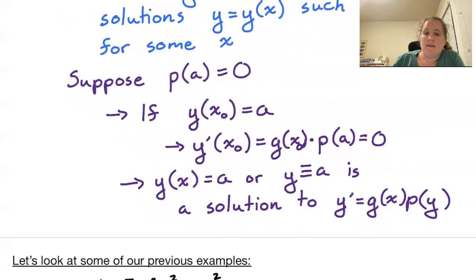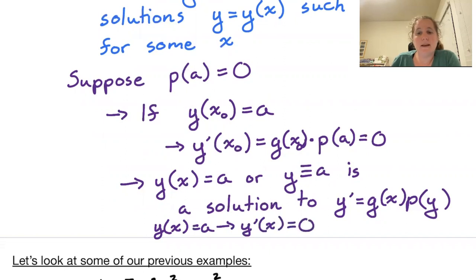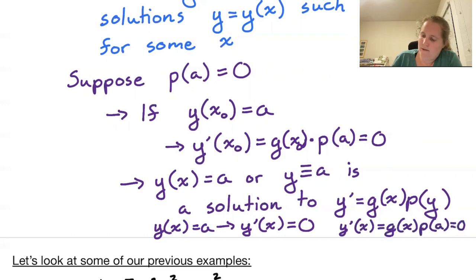Again, this would hold true because if y of x is equal to a, then y prime of x is equal to 0, and that does satisfy y prime of x is equal to g of x times p of a, which also equals 0.